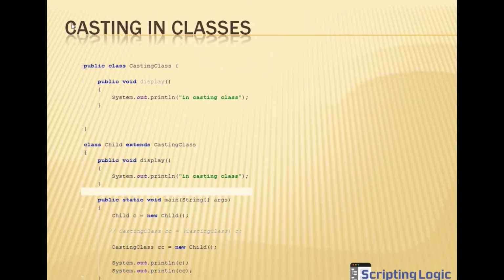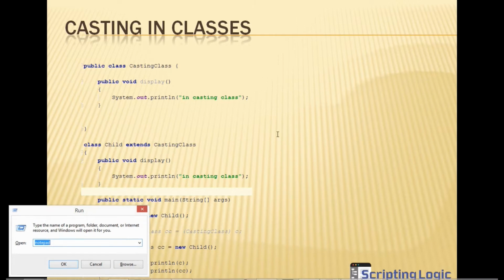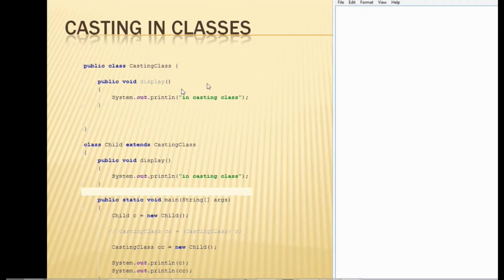Casting in classes, right? So here you observe, I'll get another notepad. There is one class, public class CastingClass, a public void display method is there inside it, and then class Child extends CastingClass, right? Here also we have a method display, just forget about this. But see, if I want to access the method inside this display, inside this child class, I need to create its object.